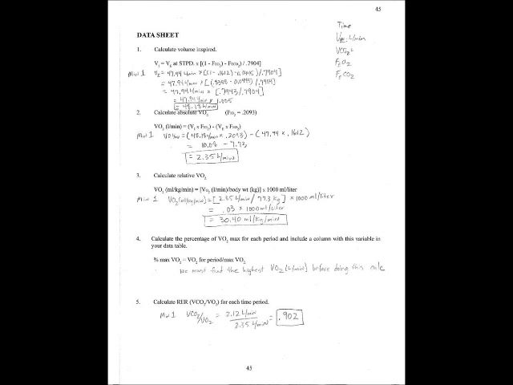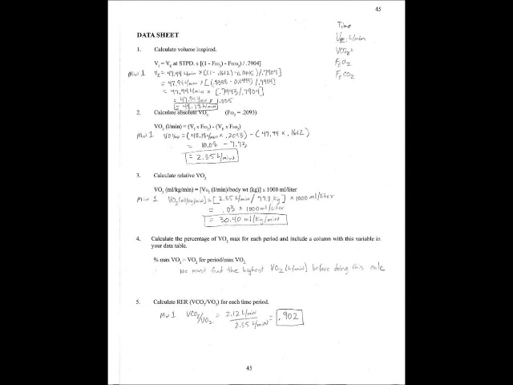So you're going to use minute 1, 2, 3, 4, 5, 6, and 7, 701. And you're going to calculate VO2 and VI for all of those before you can calculate the percentage of VO2 max. So once you get a percentage of VO2 max, you're going to take a VO2 for the period and divide it by the max VO2 that was found. So whatever the highest VO2 that was found is going to be your max VO2 you're going to use for that calculation.